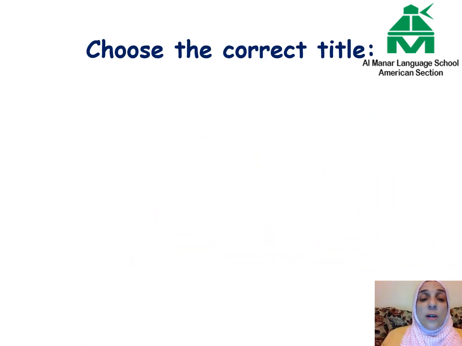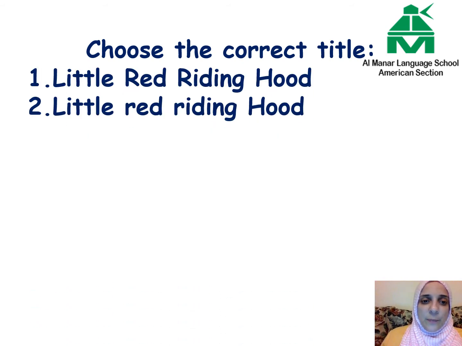Okay, choose the correct title. Let's take some examples. Okay, Little Red Riding Hood. Do you remember it? I have number 1 or number 2. I'm gonna give you 3 seconds to think. Yalla, think.